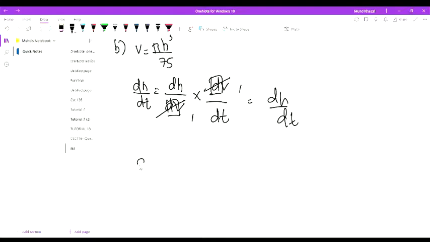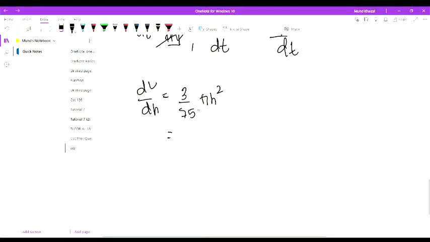So dV over dH equals 3 over 75 pi h squared. So this is the answer for dV over dH.